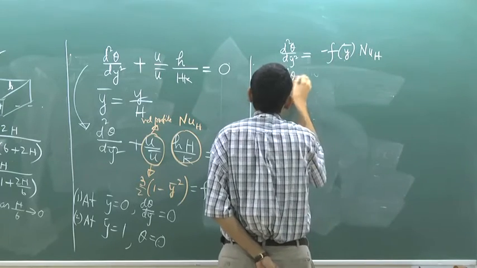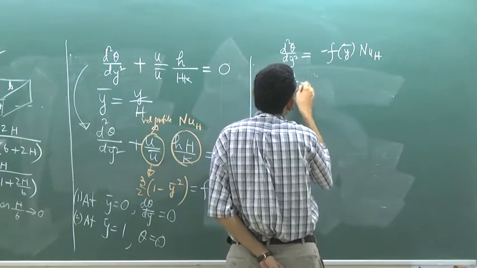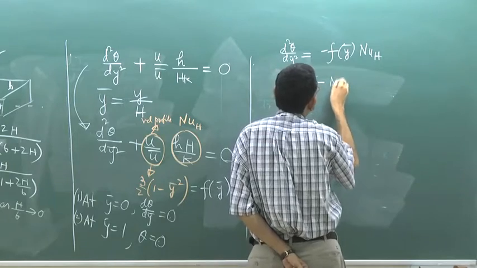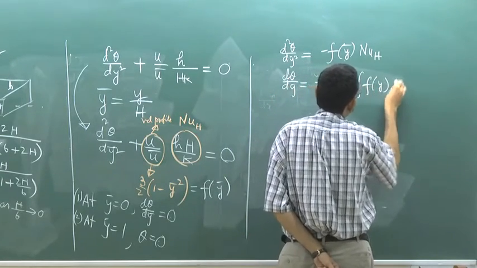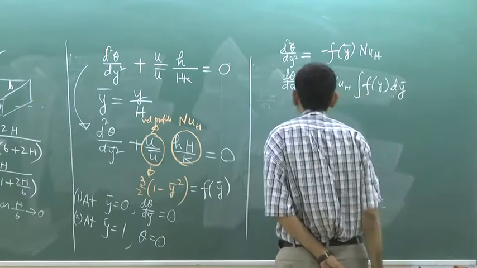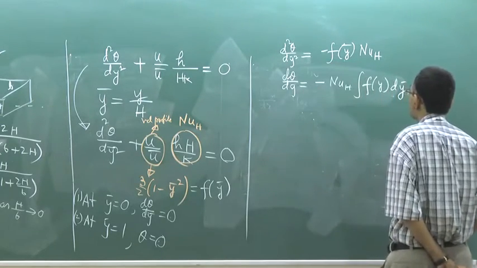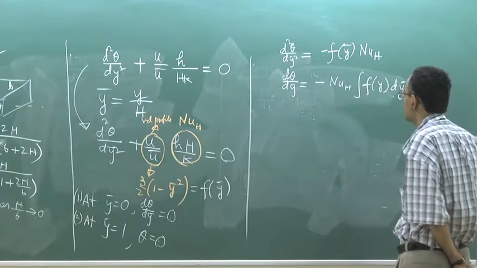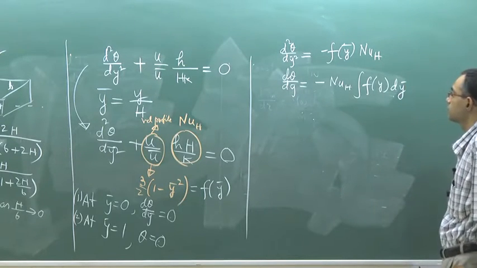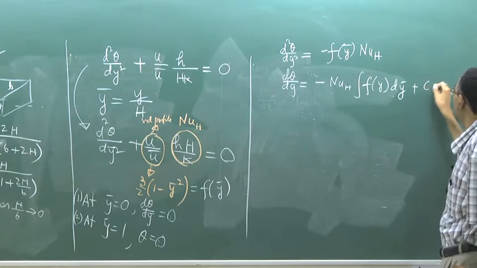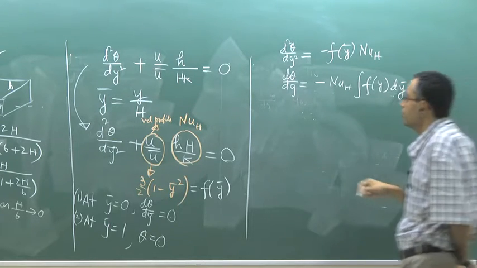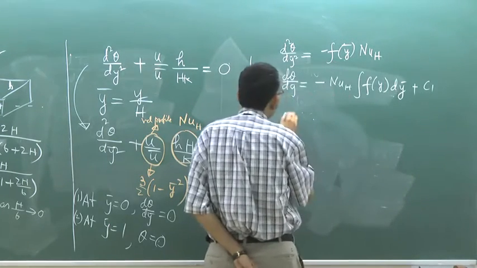So d theta dy is equal to minus Nusselt number integral of f y dy plus some constant C1.